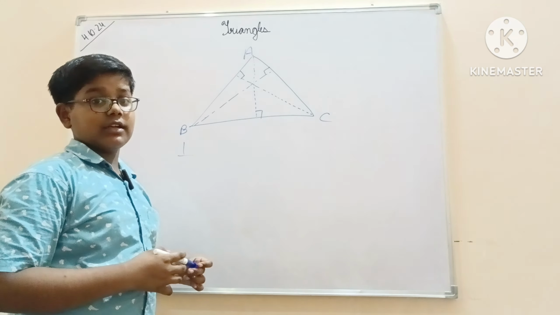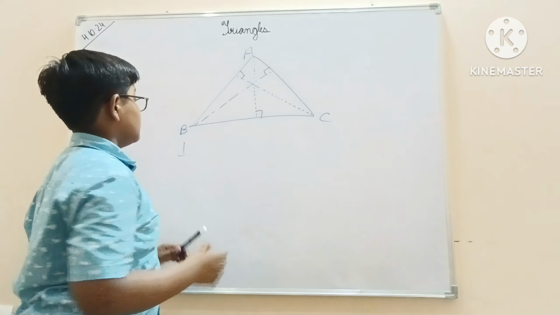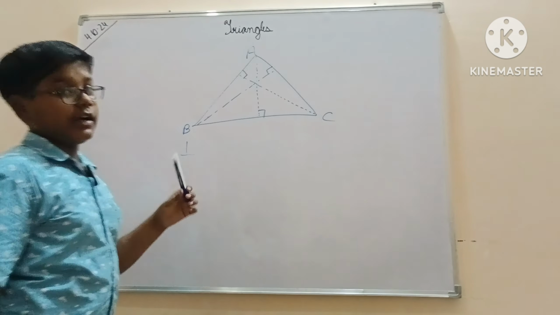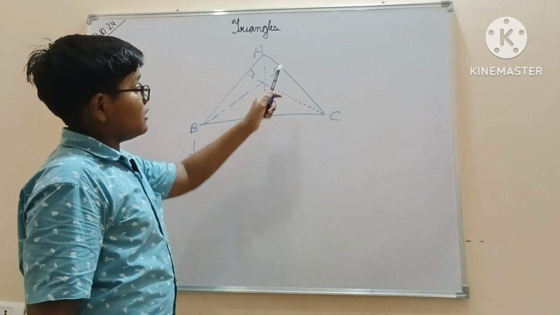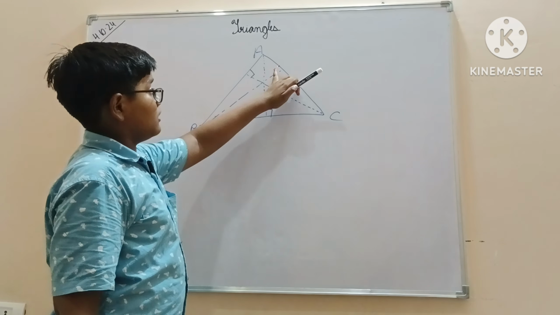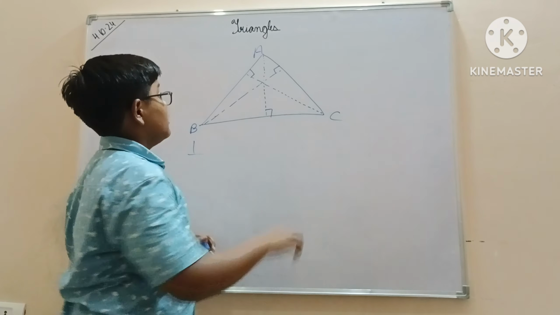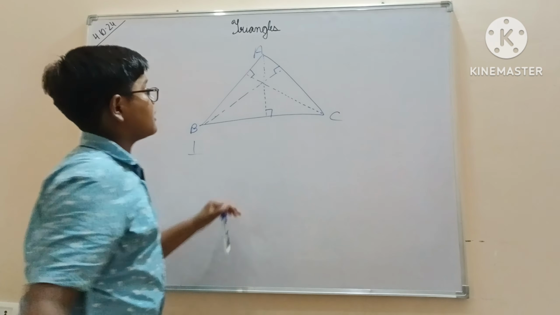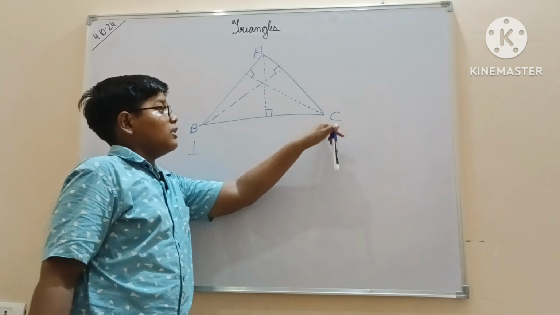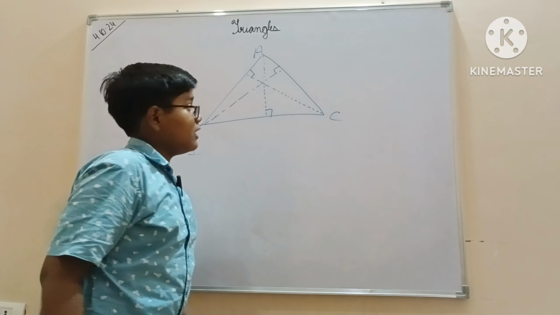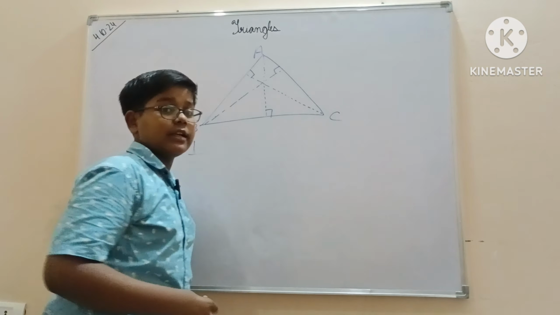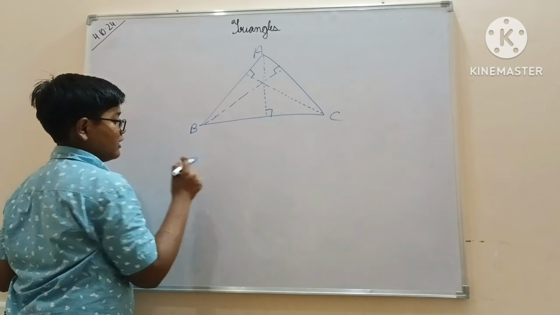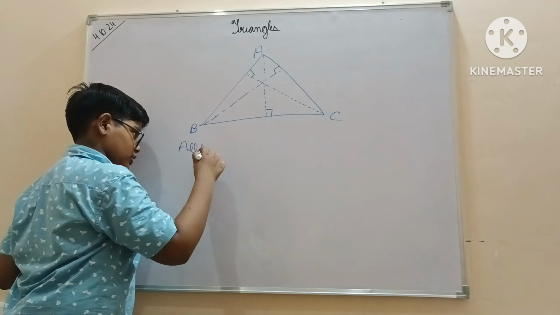All the perpendiculars in a triangle form 90 degrees. From the vertex B the line is formed and the angle is 90 degrees. A is also a vertex from which a line is formed at 90 degrees, and from vertex C a line is formed which forms 90 degrees. So now, we were talking about altitudes.